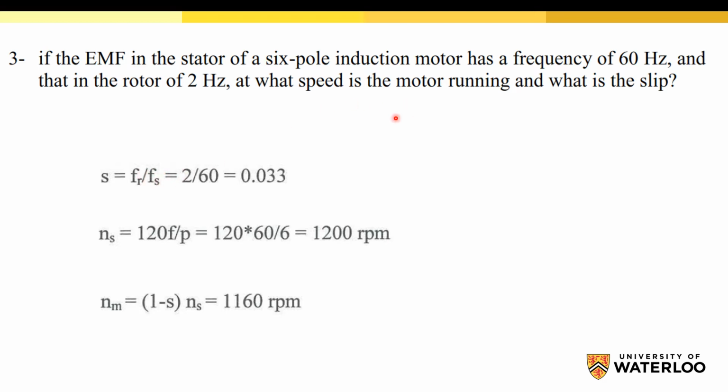After we calculate the slip, we can calculate the mechanical or the motor speed if we know the synchronous speed. Of course we know the synchronous speed because we know the number of poles and the frequency, so we can calculate the synchronous speed, and then we can calculate the motor speed.